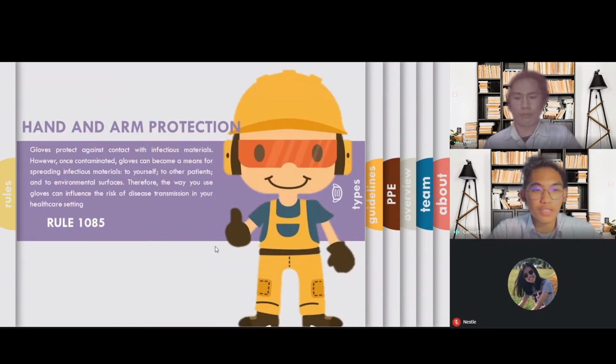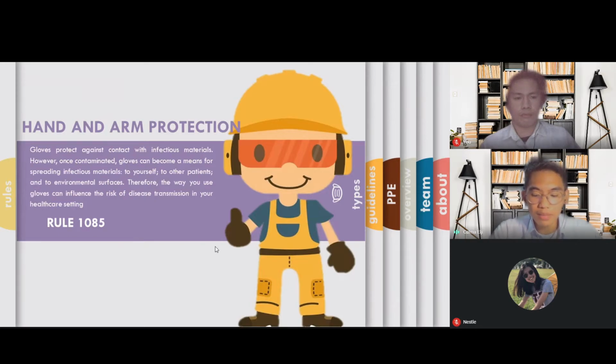So, meron naman tayong Rule 1085 na nanggaling pa din sa Occupational Safety and Health Standards, the hand and arm protection. Gloves protect against contact with infectious materials. Ibig sabihin, ang gamit ng gloves ay iniiwasan nitong magkaroon tayo ng contact sa mga hazardous substance or infectious materials.